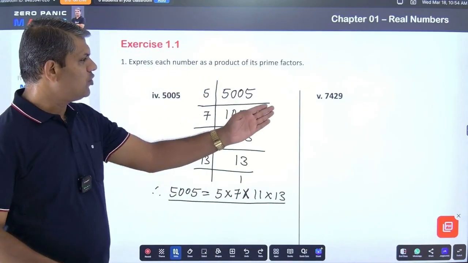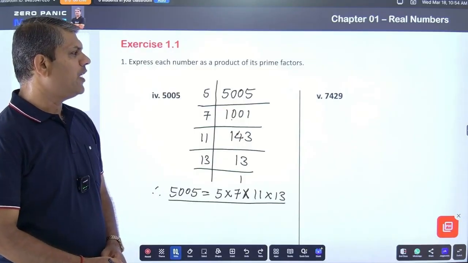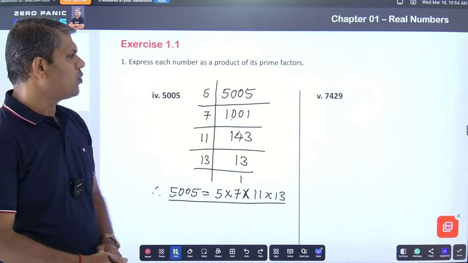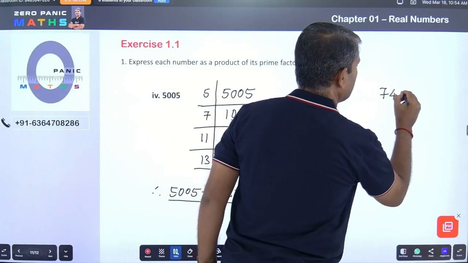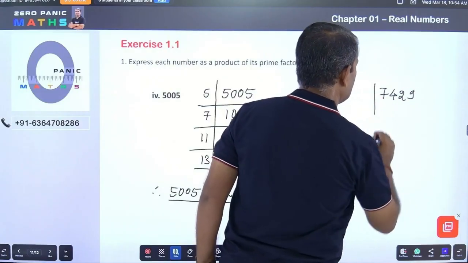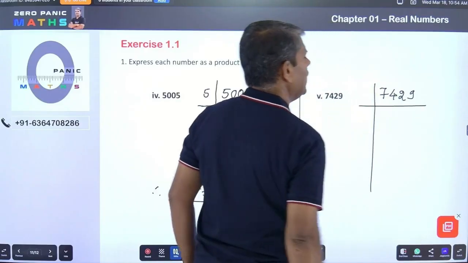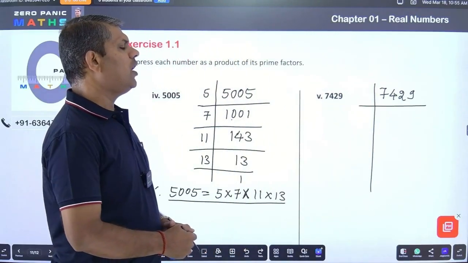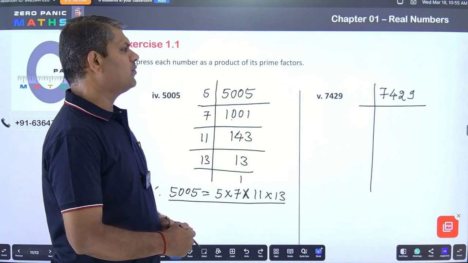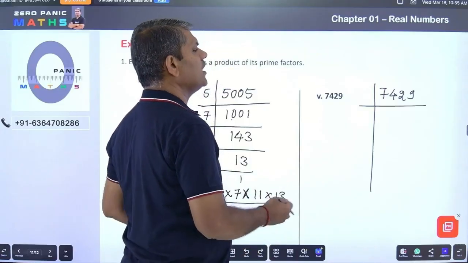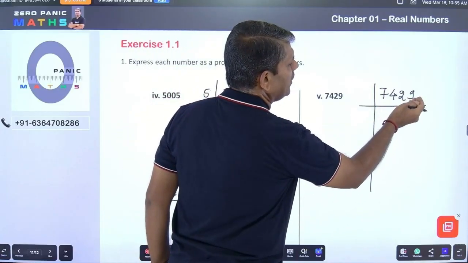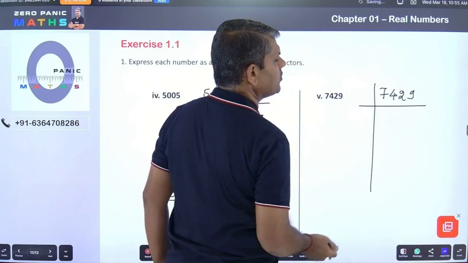Okay, now let us continue with the problem 5 of exercise 1.1. 7429 is the value. Now if you see the value, it is a little bit difficult to find the proper prime factor of this, but if you go on verifying one after the other, 2 cannot be the prime factor of this because it ends with 9.